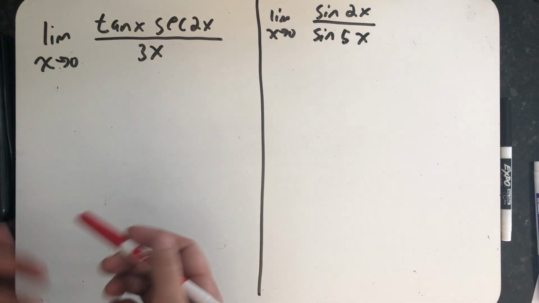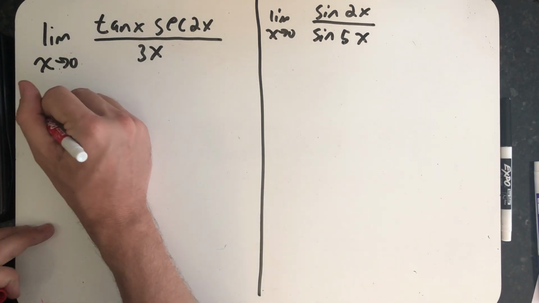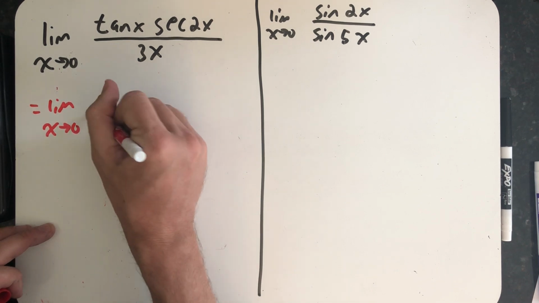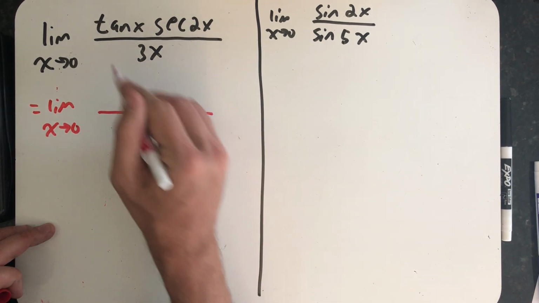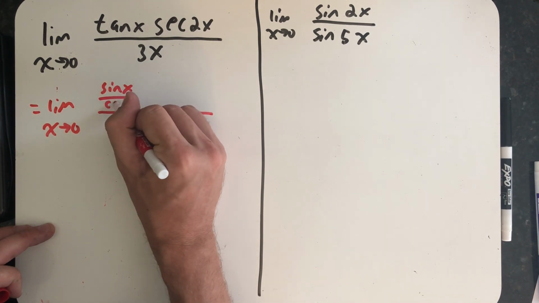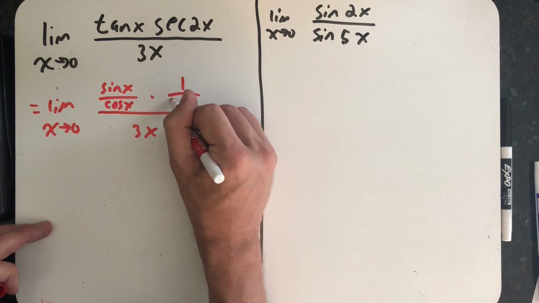So right away I notice this one doesn't have a sine or a cosine, so I'm going to rewrite my trig expressions first. I know that tangent x is sine over cosine. And I know that secant is a 1 over cosine.